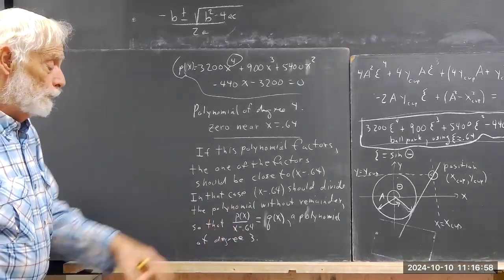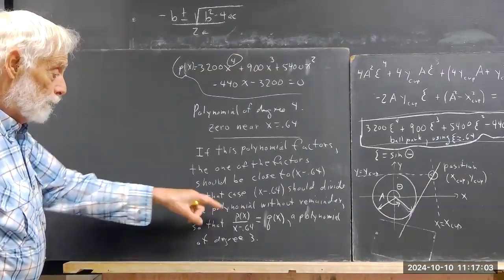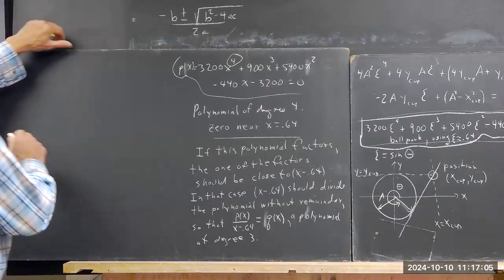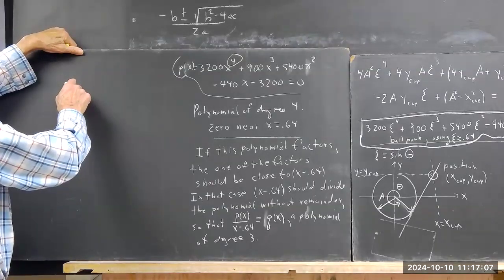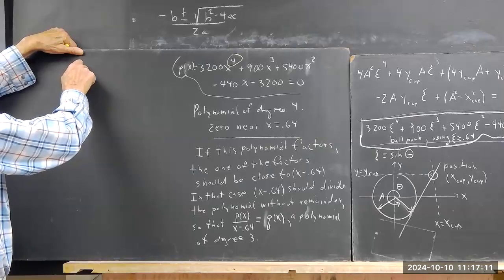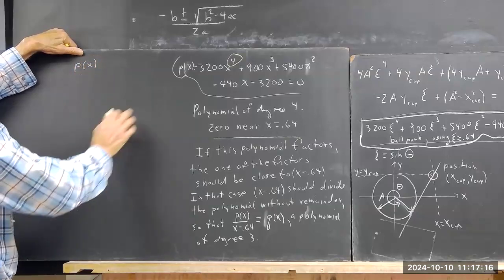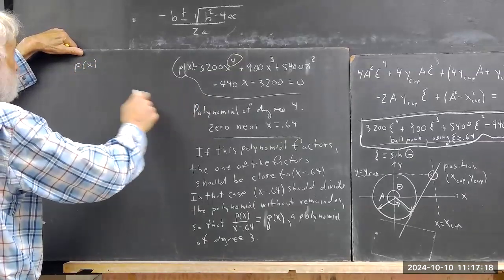And x minus 0.64 is a polynomial. It's of degree 1, x to the first minus 0.64. Okay, so let's say we have another polynomial. I'll also call this one p of x because we're not talking about this one anymore.